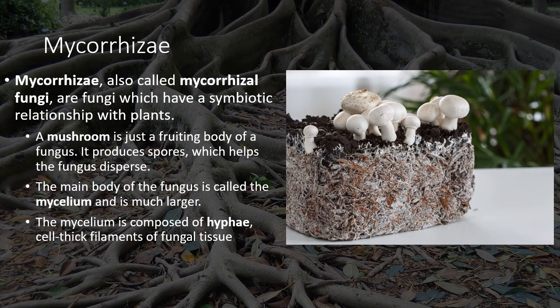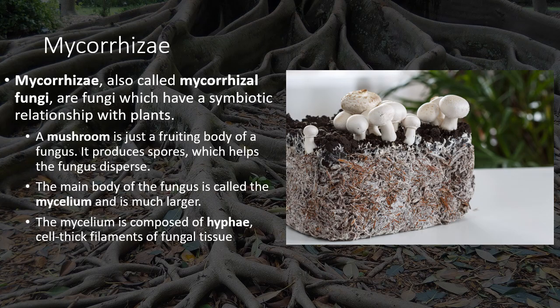And the mycelium is composed of many, many little threads called hyphae. The hyphae are cell thick filaments or threads of fungal tissue. Each one's just a single cell thick. And these little threads of fungal tissue just grow all over the substrate that the mushroom is living in, looking for organic material to decompose, from which the fungus can extract nutrients.